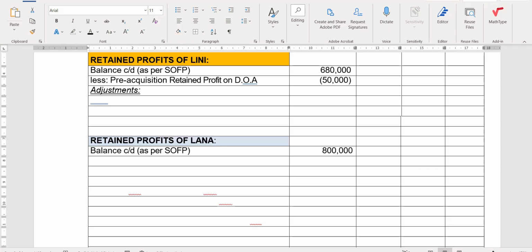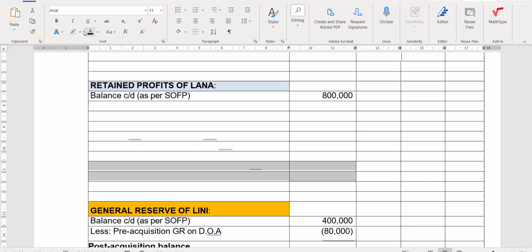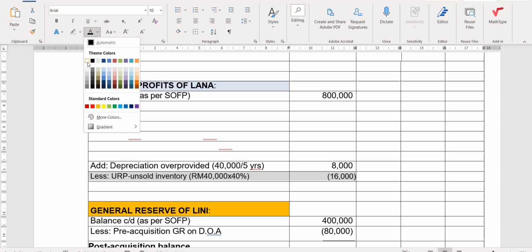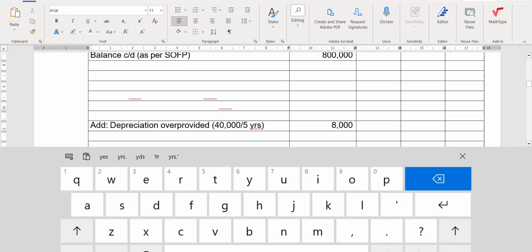Remember, the unrealized profit, and the calculation is the one I have done here.